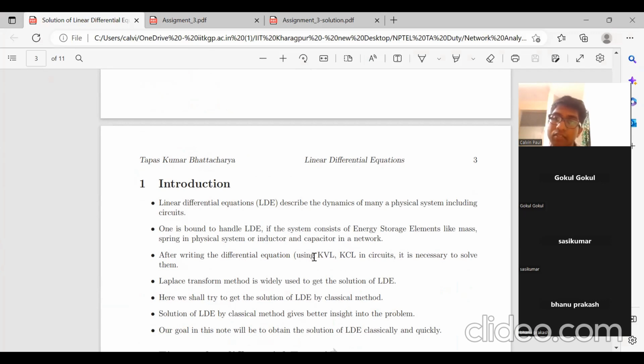One method to solve these differential equations is the Laplace transform, which converts them into the frequency domain. It is a very useful method and makes solving very easy. But for this week, we will solve using linear differential equations only, so that we can understand how the solution of inductor current or voltage varies with time.